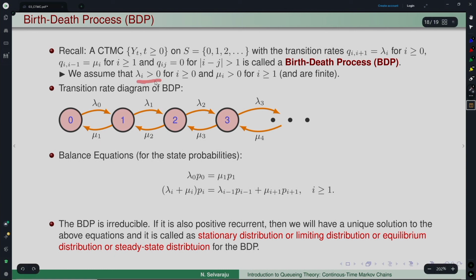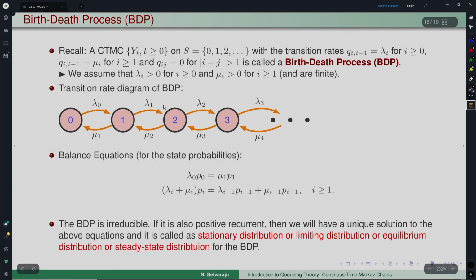Now, we will assume that lambda i is strictly greater than 0 for all i greater than or equal to 0, and mu i is also strictly greater than 0 for all i greater than or equal to 1, and are finite. Then only the whole chain will be irreducible, and you can talk about further progress in finding the solution to the stationary equations.